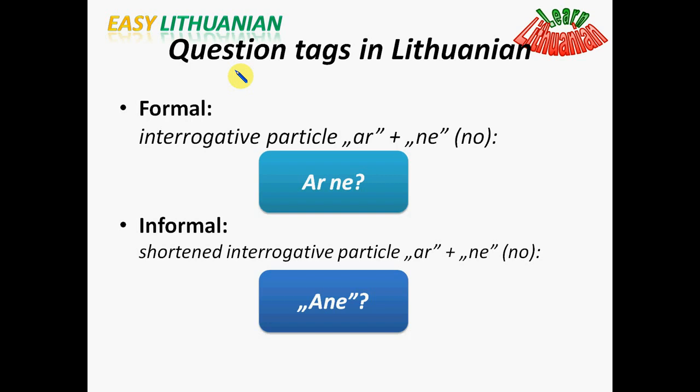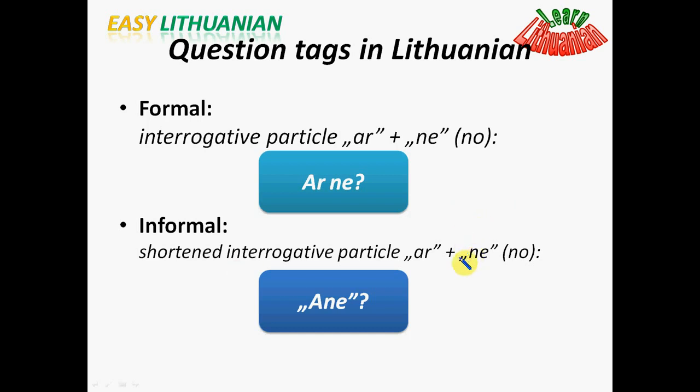After you say a statement, you say "ar ne". It has the same role as the English question tags: aren't you, am I, doesn't he, doesn't she, aren't we, and so on.